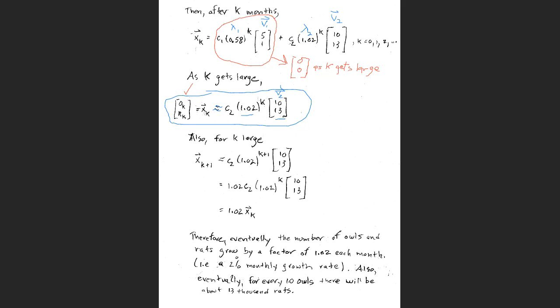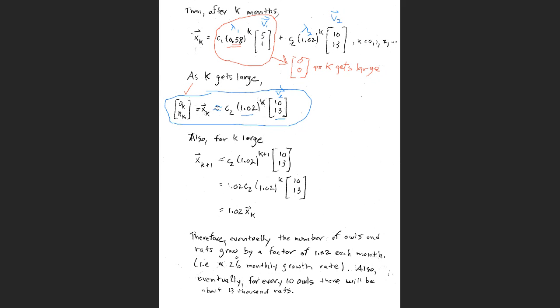What's causing that to happen? Why would that term approach the zero vector? Oh, okay. Robin says it's that factor 0.58 to the kth power.